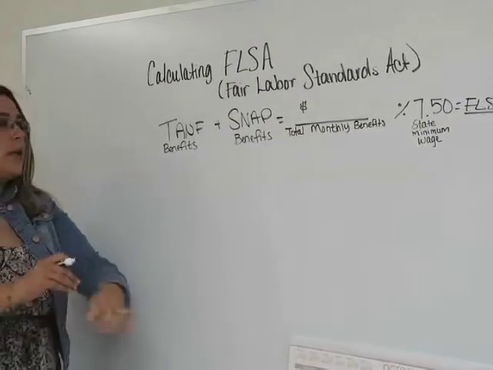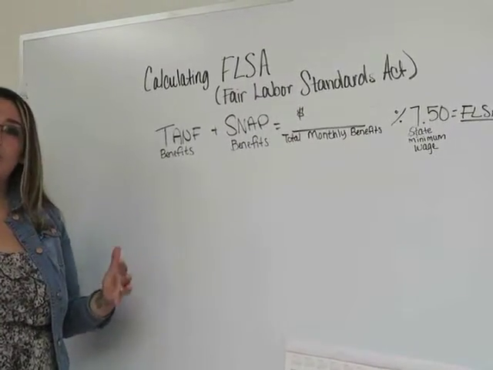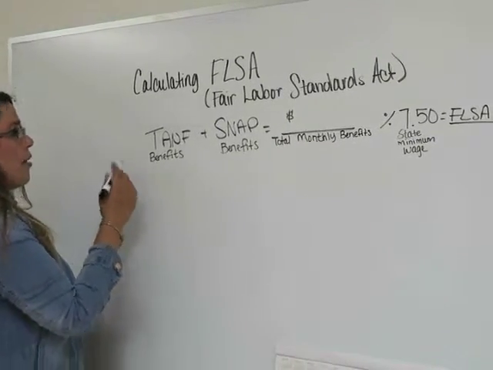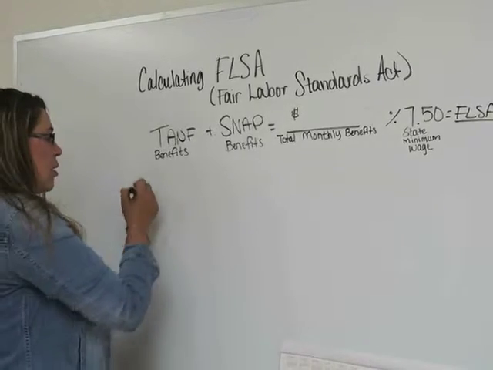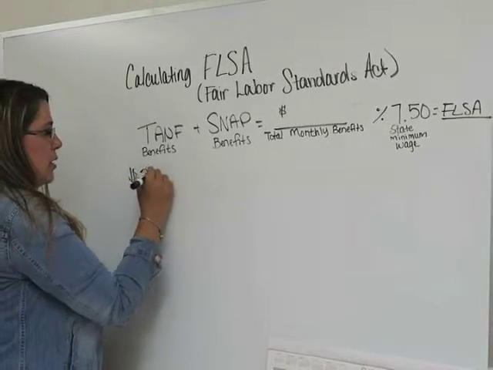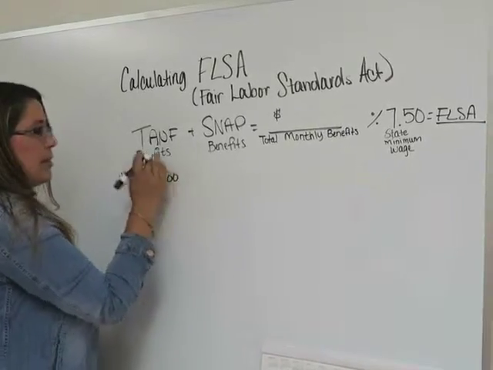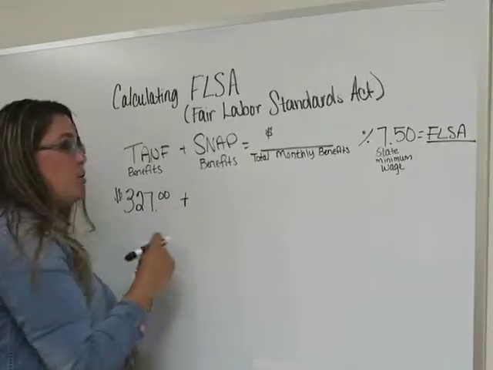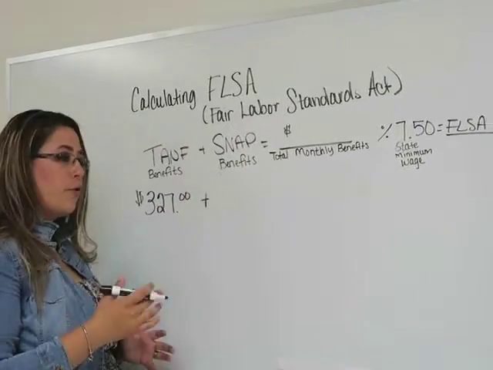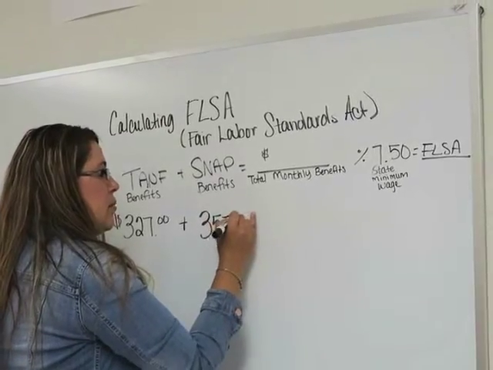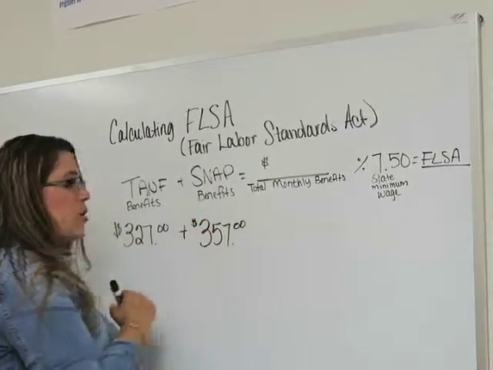Let's go ahead and work a case. Let's say, for instance, we have a 2-individual household, so maybe we have mother and child, and for the month of October, they were given $327 in TANF benefits. We are going to add that to their SNAP benefits that paid out for the month of October, and let's say they were given $357.